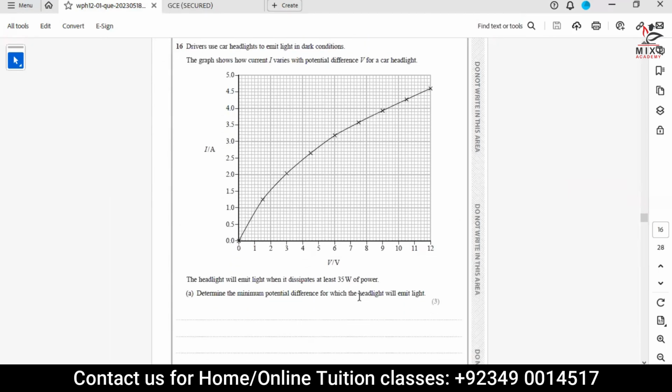Okay, coming toward question number 16. Read the question quickly. Now find the answer. Minimum potential for which the headlights are emitted.